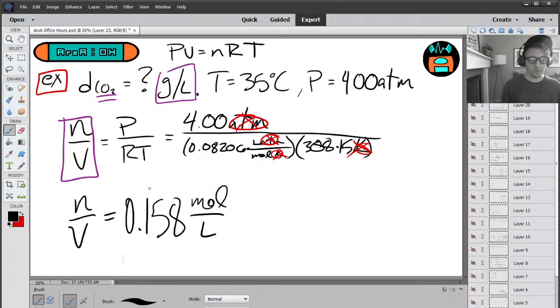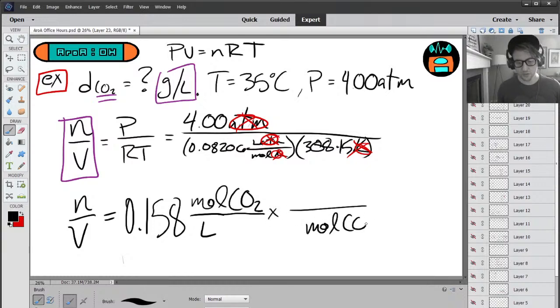We just need to multiply. We need to remember that this is moles of CO2 gas, and what we need to do is convert moles of CO2 to grams. And we can calculate the molecular weight of CO2.